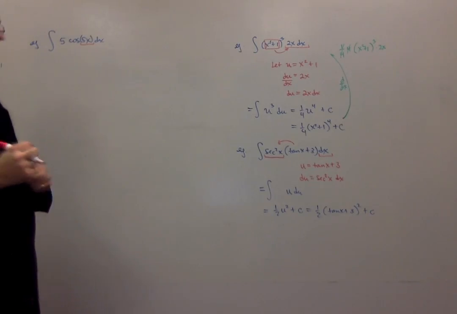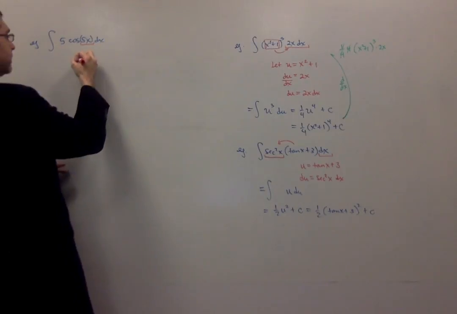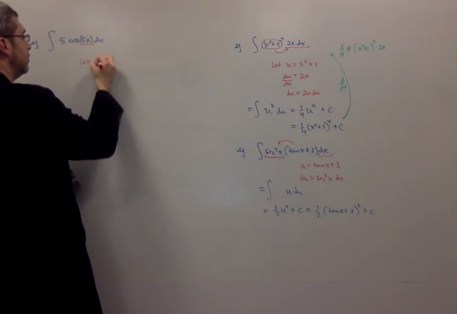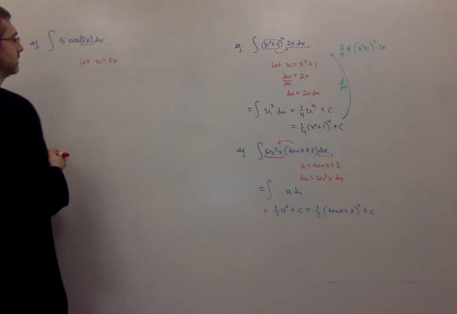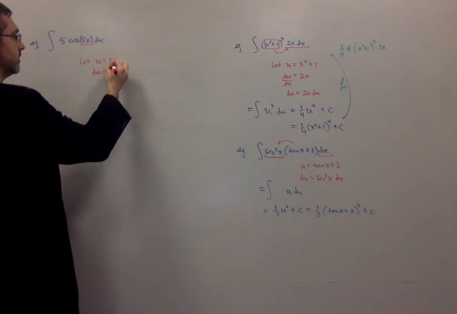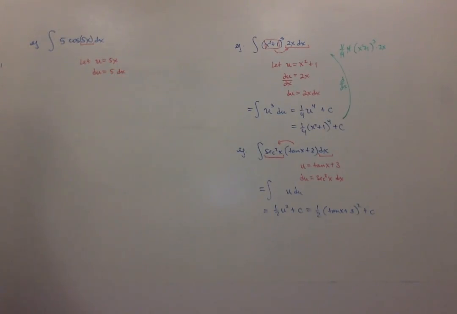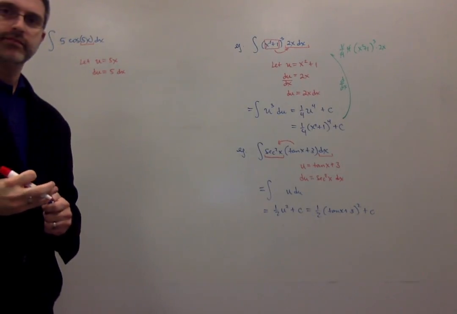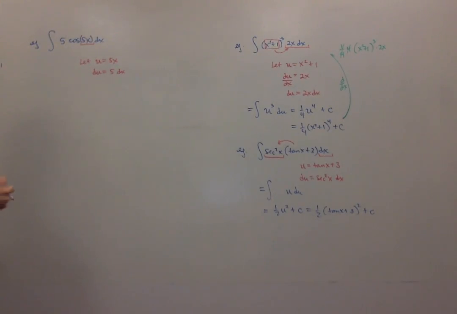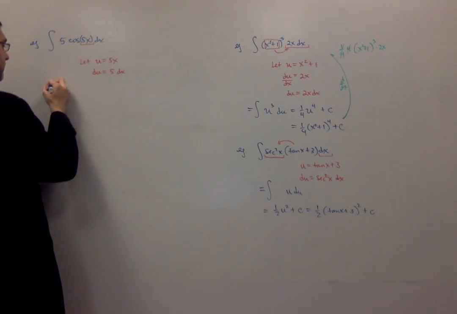So because I see a composition there, I'm going to let u equal the inner function there. And then the differential du is going to be the derivative of this, which is just 5, times dx. And you'll notice that it's set up exactly that way to help me.